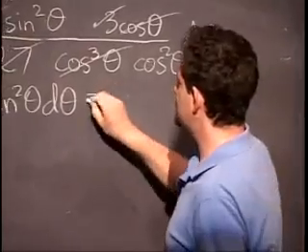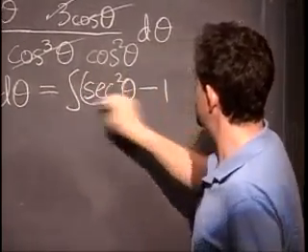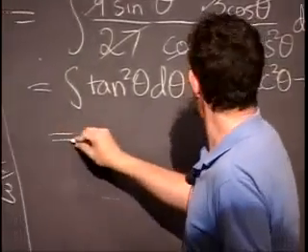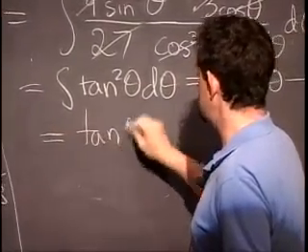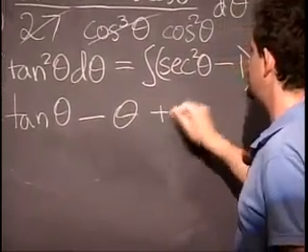This one worked out to be secant squared minus 1. Well, that's what you had to do. And then the integral is tan theta minus theta plus a constant.